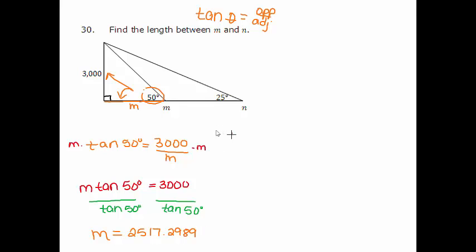Now I'm going to work with the larger triangle and find the distance to N. Looking for this distance, I have angle 25 degrees. I know the opposite. I'm looking for the adjacent, so I can use tangent again.